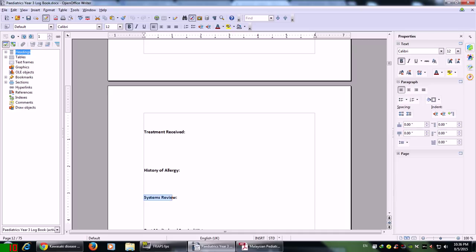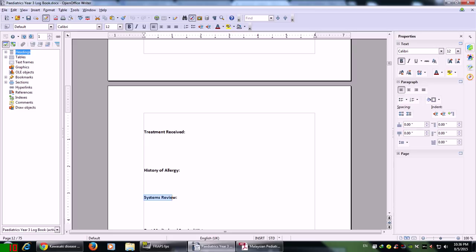And also, next you do your systemic review, as I mentioned just now. Regarding the systemic review, you go from head to toe: you ask about the CNS, CVS, your respiratory system, GIT, GUT, and also your musculoskeletal system, and also your skin.